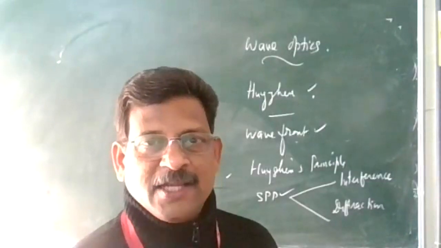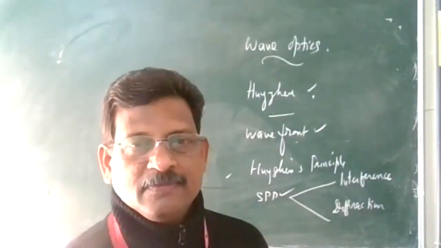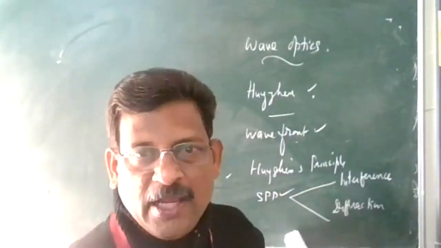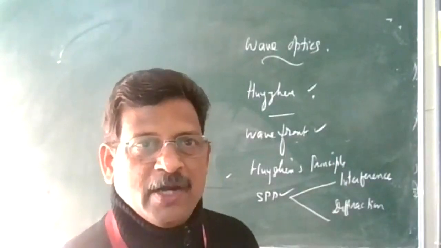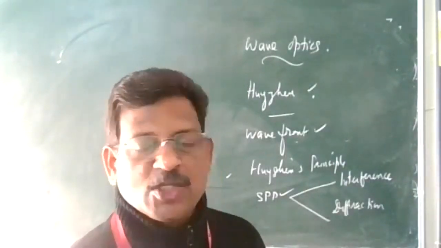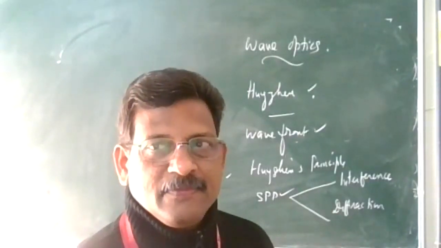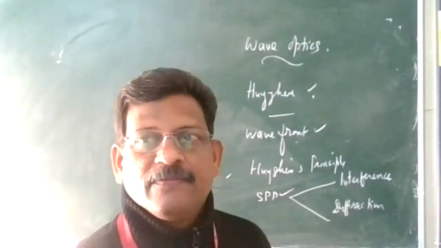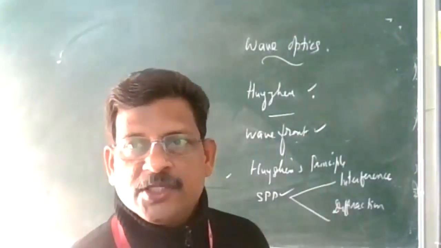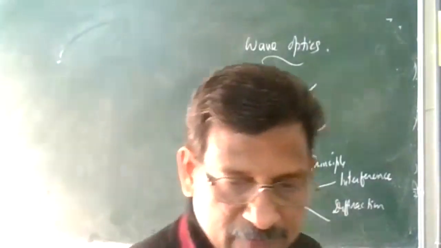Light is an electromagnetic wave, so all the properties of electromagnetic waves apply to light also. What is the nature of an electromagnetic wave? Is it a longitudinal wave or a transverse wave? Together, tell me the answer. Is light a longitudinal wave or a transverse wave?